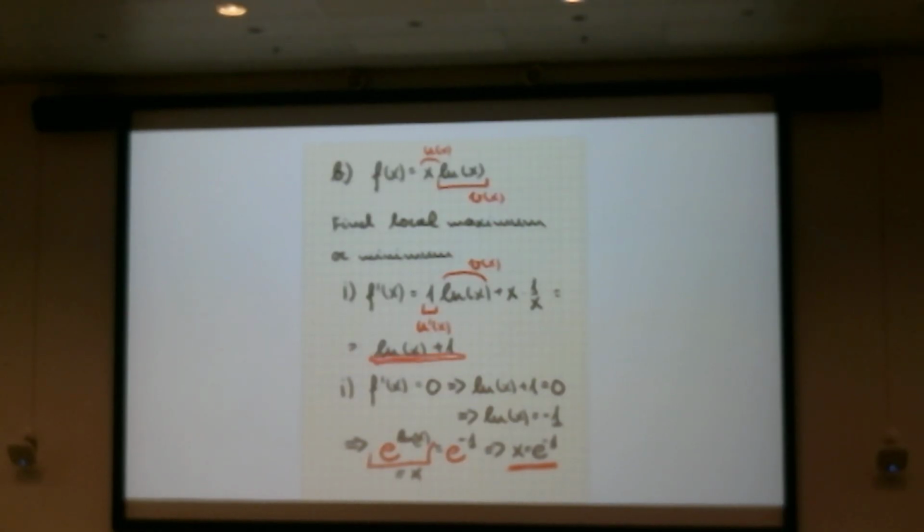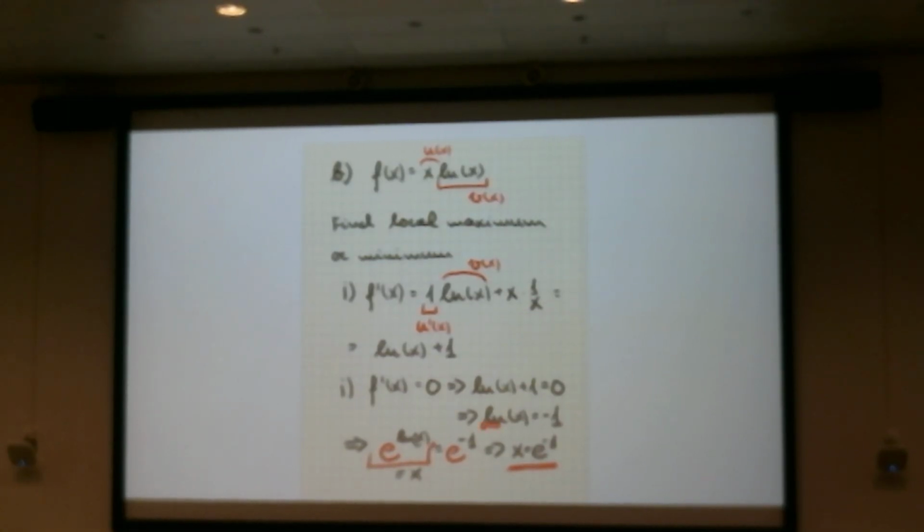So we got logarithm of x plus 1 for a derivative, and then we equate this to 0, which effectively means that logarithm of x is equal to minus 1. And here we needed to remember the usual trick, how to get rid of the logarithm.